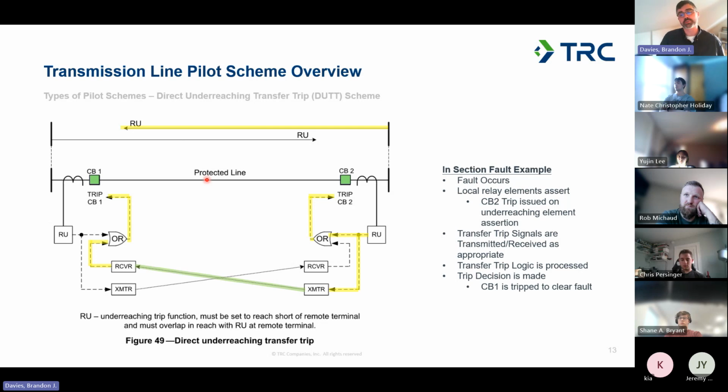So you can model this protection, this logic and these schemes in Aspen, though I've yet to find a utility who does that. Usually it's just very easy to say, oh, well, we've applied a POTT scheme, that's going to operate instantaneously, and then be done with it and just say that's good enough.